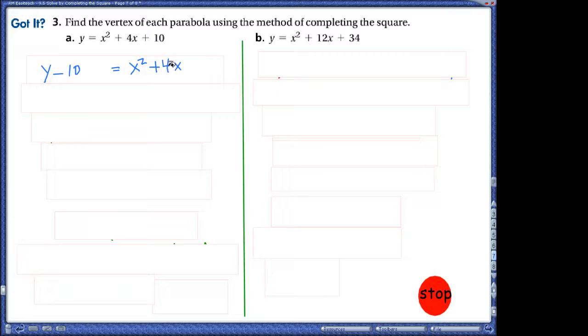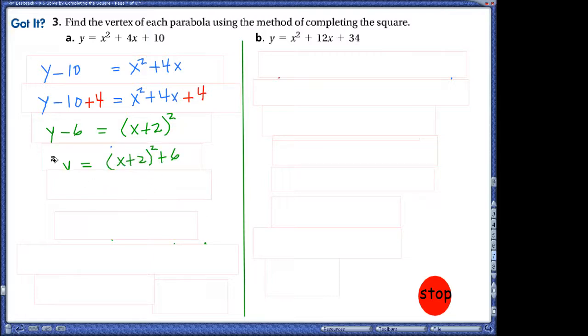And then you're going to take the 4, half it, and square it. That means you're going to add 4 to both sides of the equation. On the right side, you have created a perfect square of x plus 2. And on the left, we now have y minus 6. Now you're going to add 6 to both sides to create the vertex form.